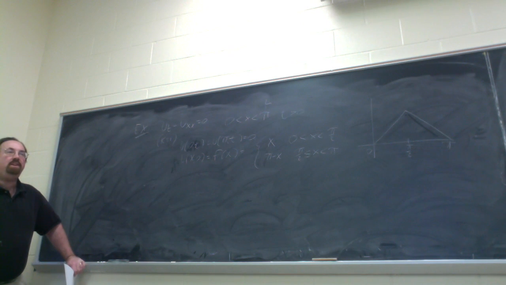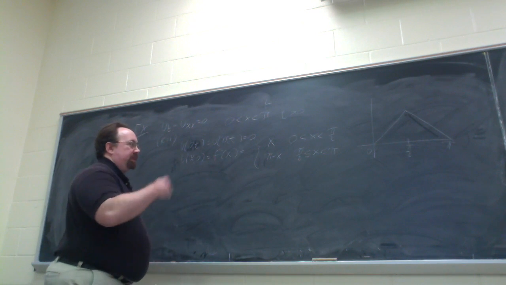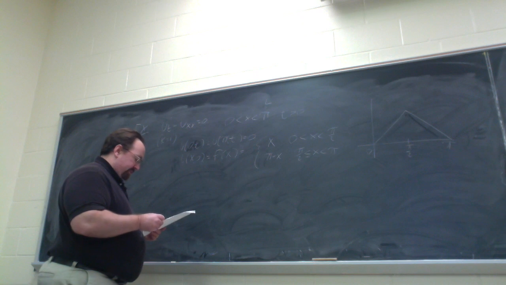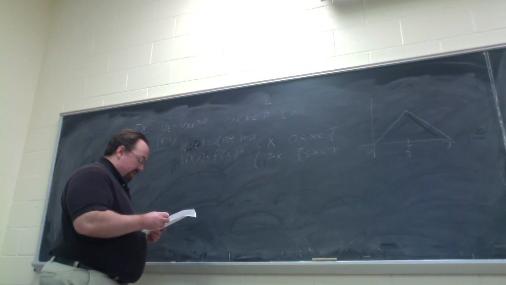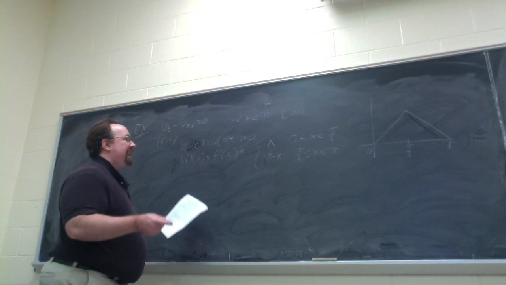Even if the initial data is not smooth, like in this case, where it's not differentiable at pi over 2, because of these decaying exponentials, the solution will smooth out immediately. Once we compute it, I'll draw it for you.